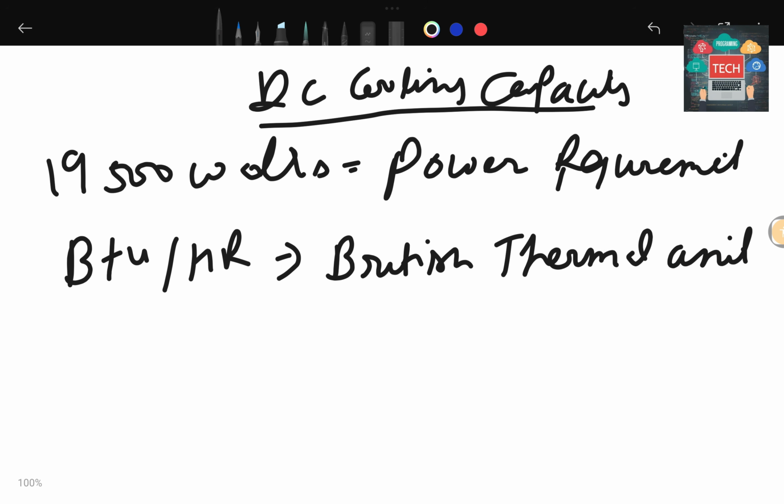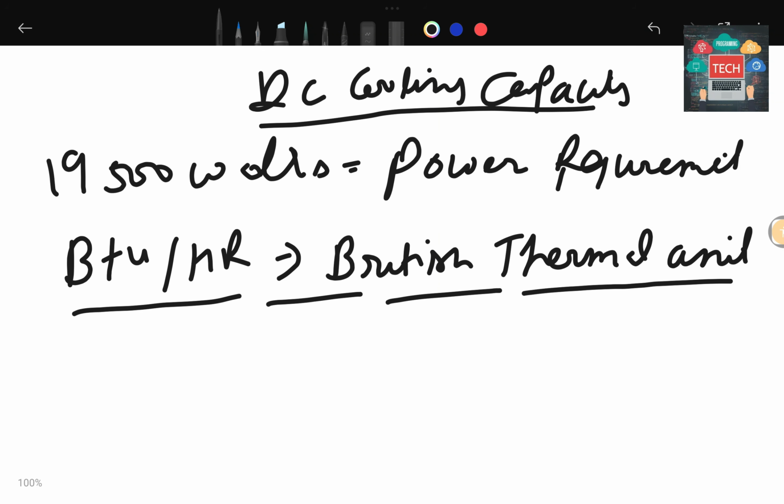BTU is one kind of measurement to calculate the heat which is produced by electrical components, right? So BTU is one of the measurements used to calculate the heat in electrical equipment.